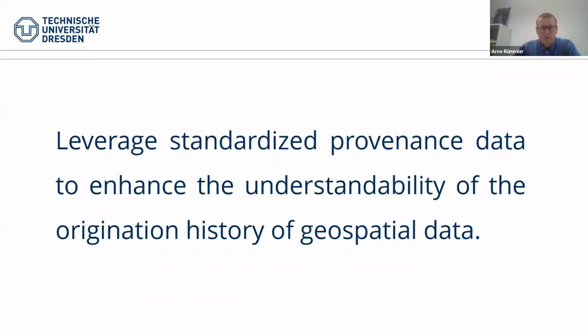So the question is, how can we leverage the standardized provenance data to enhance the understandability of the origination history of geospatial data? As I already said, ideally we could use levels of detail of the same graph. It is a pretty intuitive concept.